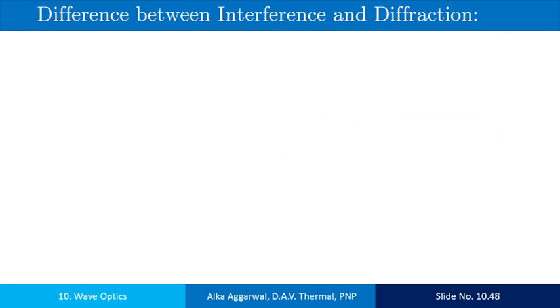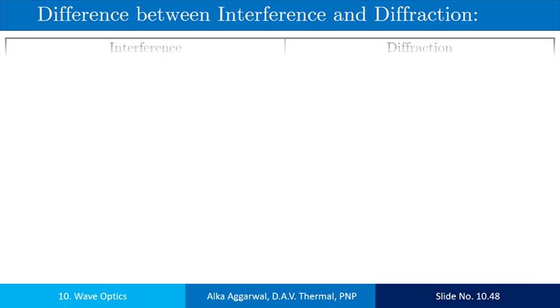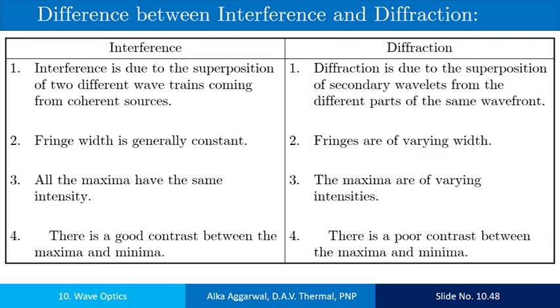Now, what is the difference between interference and diffraction? The main difference: in interference we use 2 slits, and in diffraction we use a single slit. Interference is due to the superposition of waves coming from coherent sources. Diffraction is due to the superposition of secondary wavelets coming from the same wavefront.